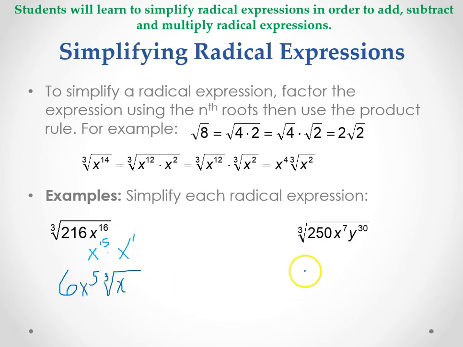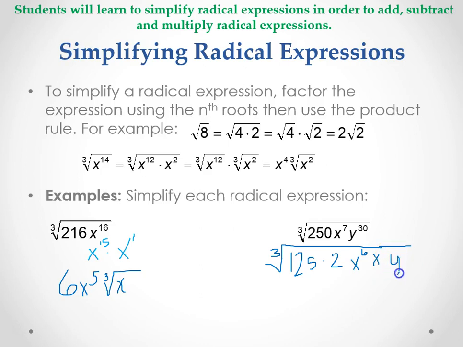Okay? Then we're looking at the cube root of 250. Well, that's 125 times 2. The cube root of 125 is 5. So 3, 6, so I've got an x to the 6th, and I've got an x. 3, 6, 9, 12, 15, 18, 21, 24, 27, 30.